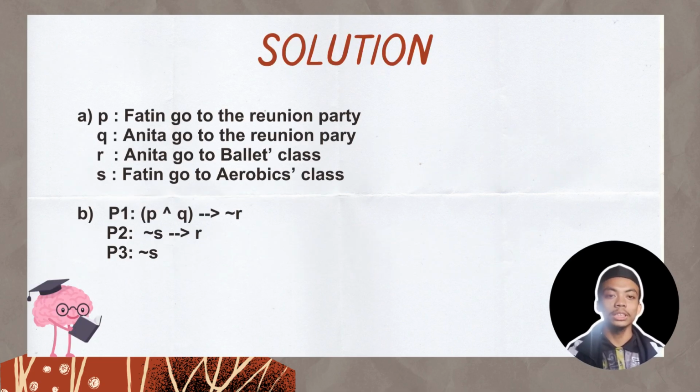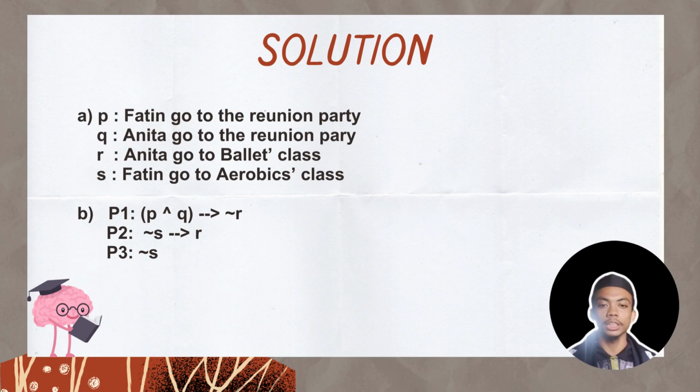For question 1, we want to write the primary propositions. P is Fatin goes to the reunion party, Q is Anita goes to the reunion party, R is Anita goes to the ballet class, and S is Fatin goes to the aerobic class.